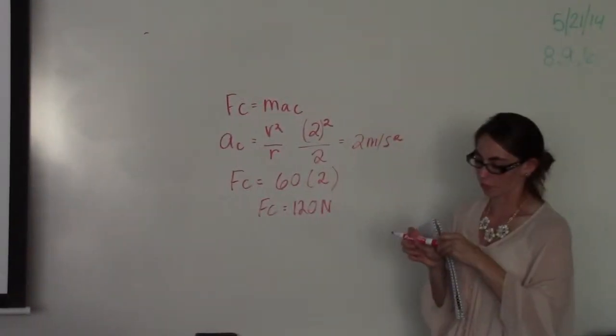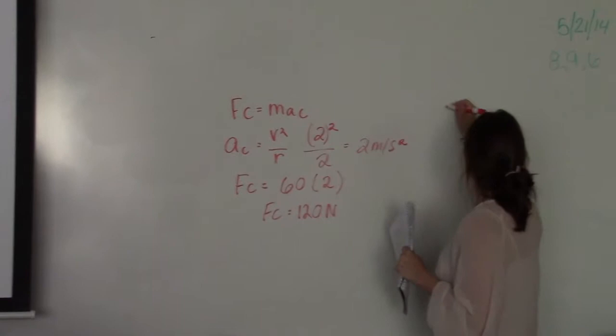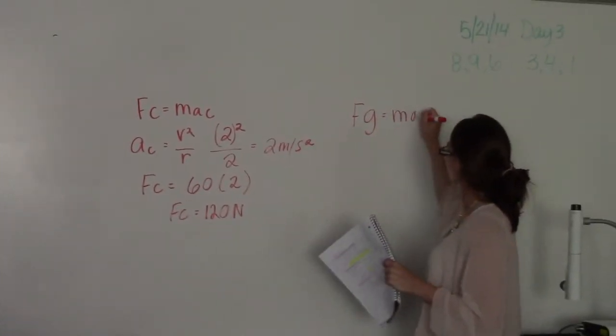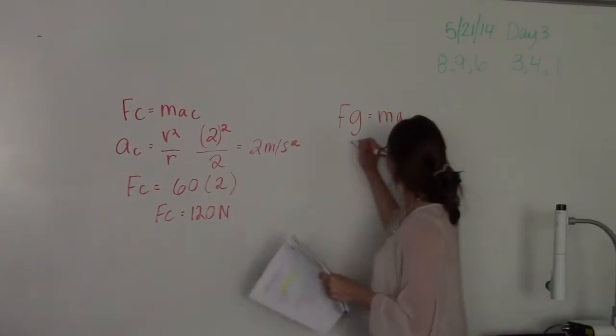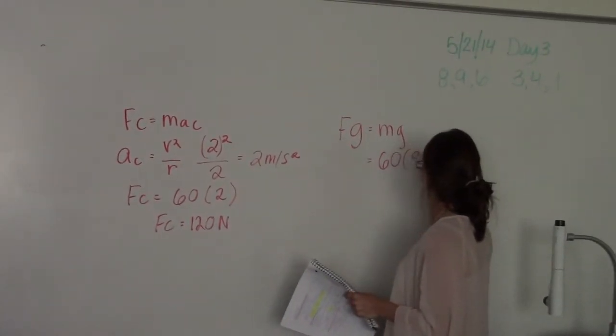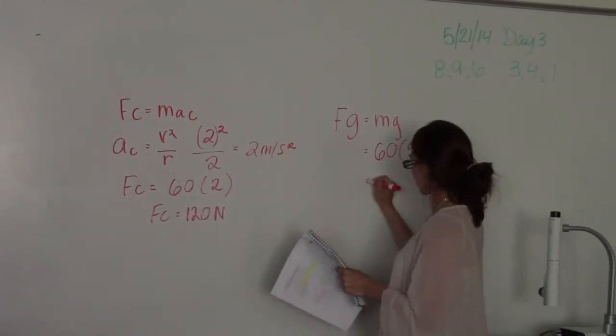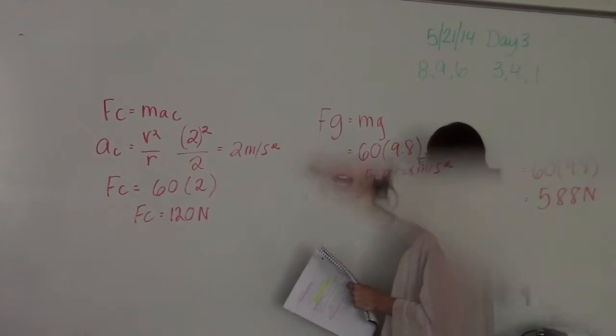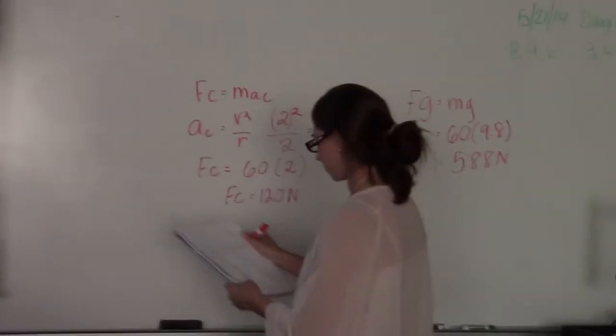Now we're going to calculate for Fg. So Fg equals mg, equals 60 times 9.8, which equals 588 newtons. Next we solve for the sum of the forces.